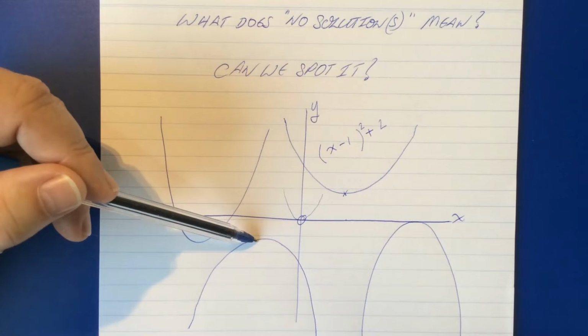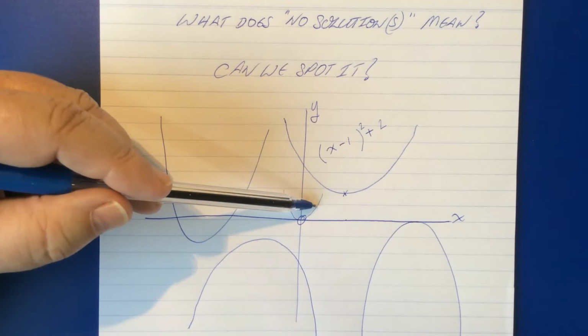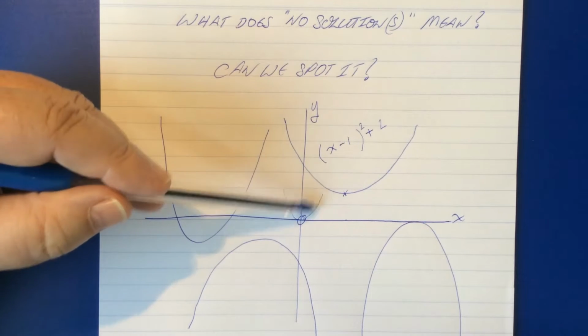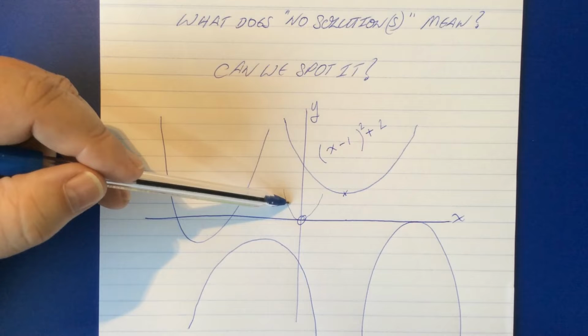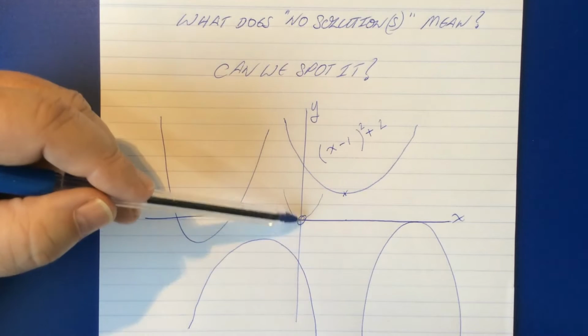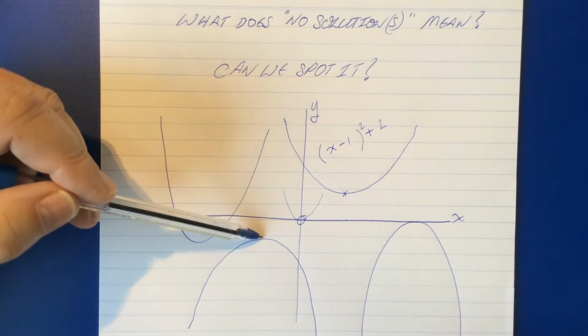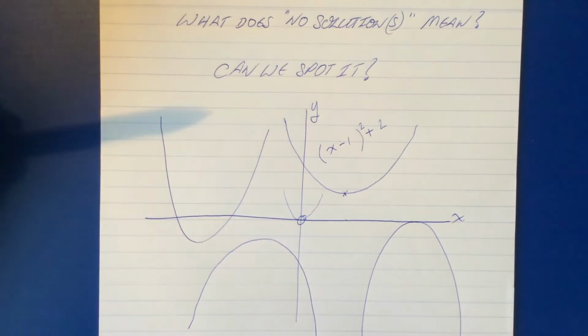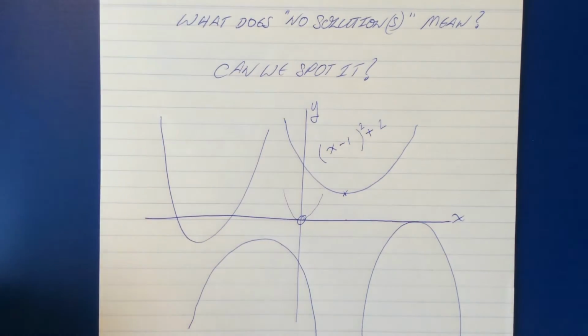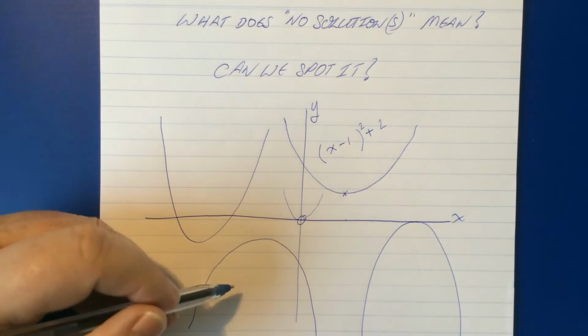Same thing here. So what's happened to this little parabola here is that it's been inverted, moved to the left and down. So it's a series of transformations and translations, reflections, call it what you like. And what might this look like?